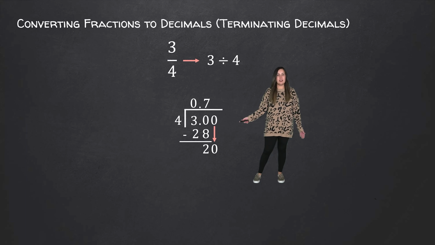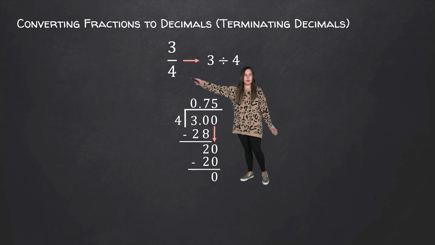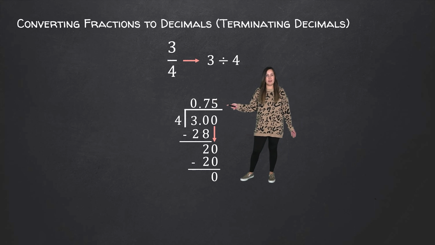Then we ask ourselves, how many times does 4 go into 20? Well, 4 goes into 20 5 times, and that's because 4 times 5 is equal to 20. So underneath it, we write a 20 and we subtract. Now we have no remainder, so we know that 3 over 4 is equal to 75 hundredths.